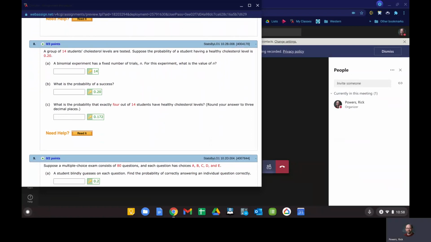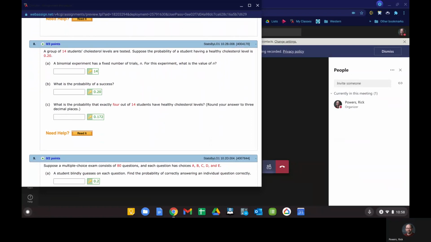Well, it turns out there's a pretty complicated formula out there that's based on mathematical ideas that allows us to say, if people are randomly chosen and if the probability of the 20% is true for each one of them, then we have an idea of what to expect regarding the number of students, but it's based on the concept that we don't know for sure. We have a probability of success.